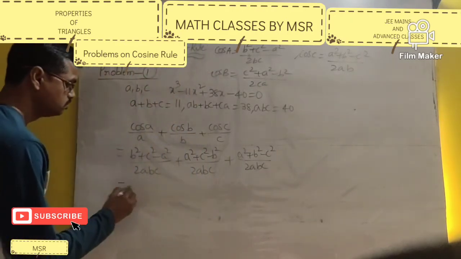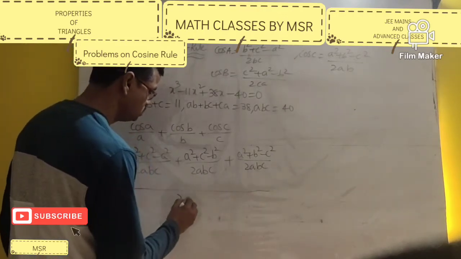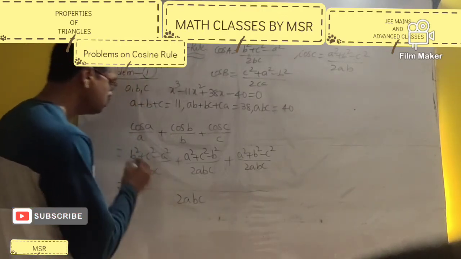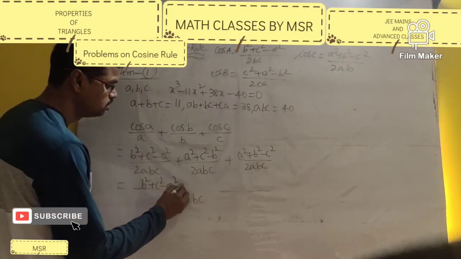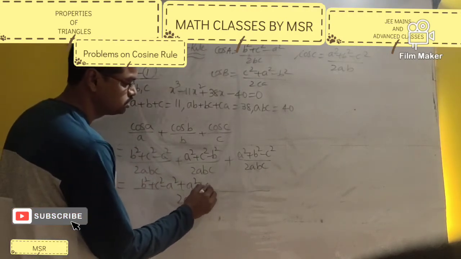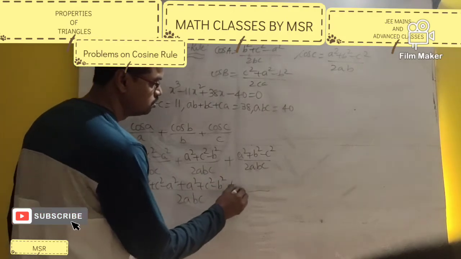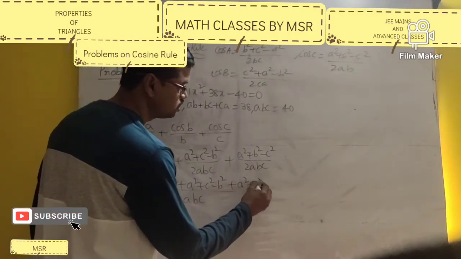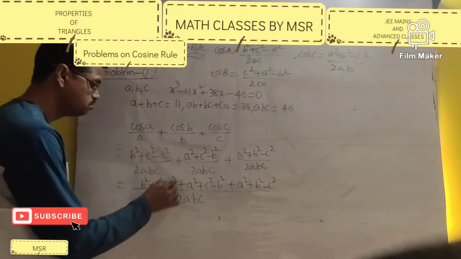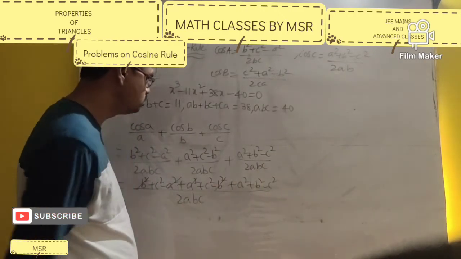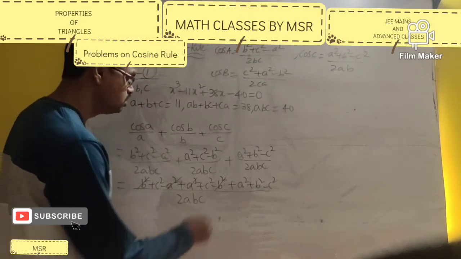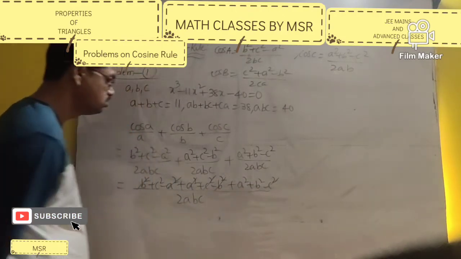Okay, now the LCM is 2abc. Here b square plus c square minus a square plus a square plus c square minus b square plus a square plus b square minus c square. Minus a square plus a square cancel, plus b square minus b square cancel, and plus c square minus c square also cancel.